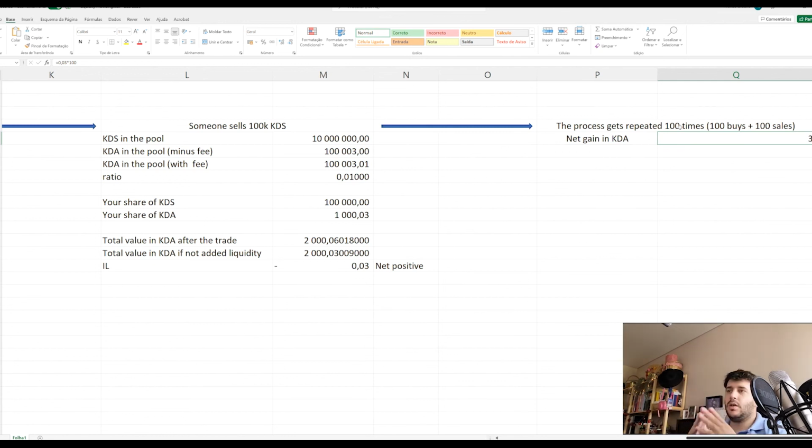But if you let it ride for like a year, 2 years, I mean, 1 year or 2 years in crypto is insane, but for a long time, months, then this doesn't mean as much, because you are getting it back in fees.